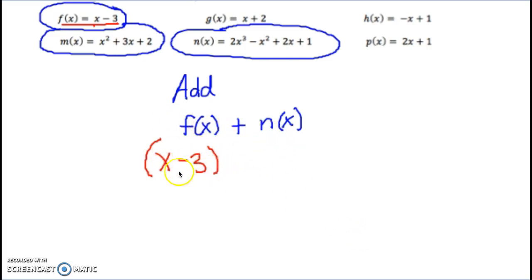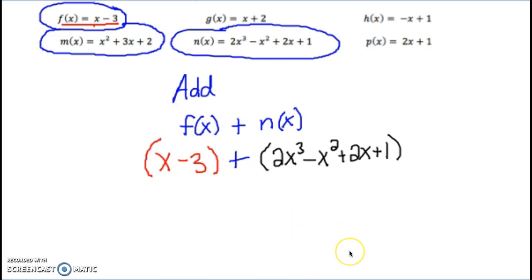So we're plugging in f of x as x minus 3. We are still adding, and we are going to find n of x and use parentheses to plug it in as well: 2x to the third minus x squared plus 2x plus 1.